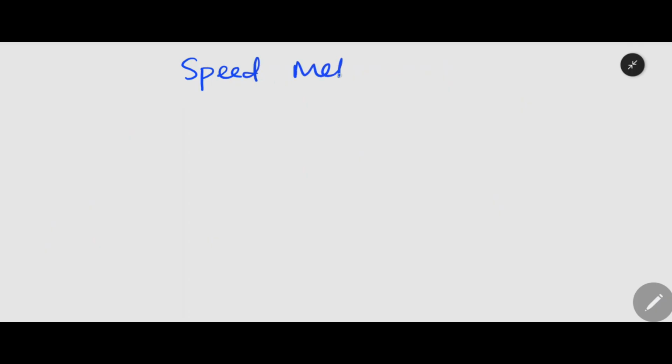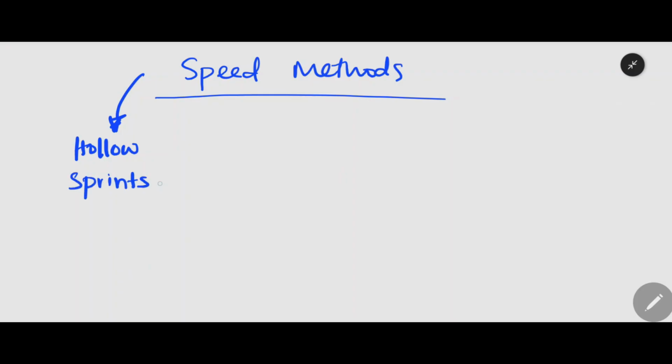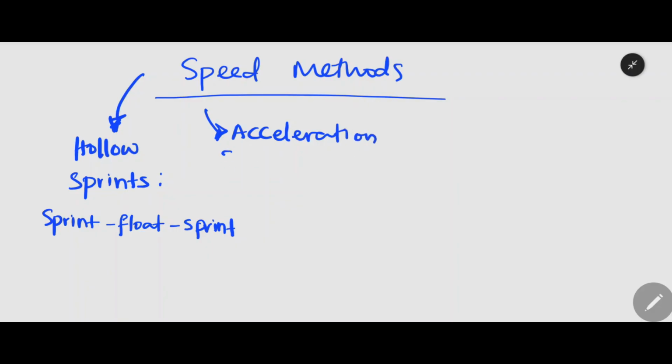Next, we have speed methods. So different ways we can train for speed. We can use hollow sprints, which is basically where you have sprint and then float and then sprint. We also have acceleration sprints, which is where you're only focusing on the first few steps, like the first 3 or 4 steps, focusing on that initial drive.